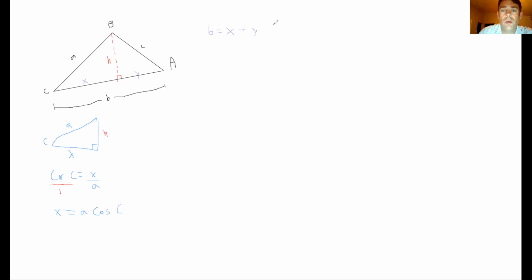So in other words, if we were to come back up here, B isn't just X plus Y. We could say that B then is A cosine C plus Y. So then they took a look at this other triangle here.